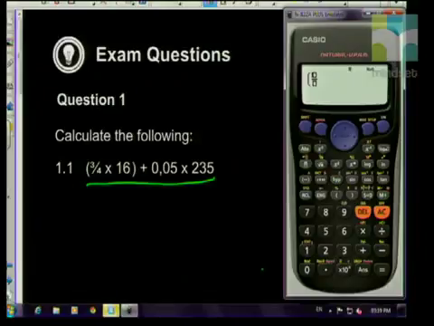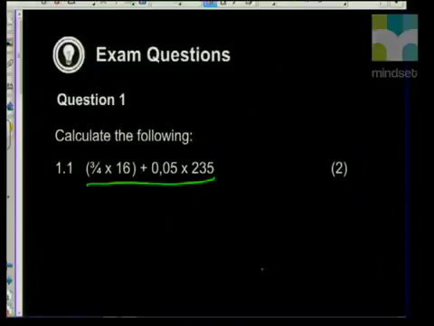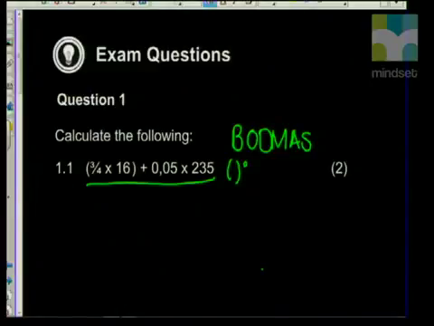What I want to focus on is that if you didn't have a scientific calculator, how would I then go about doing this? And this is where we need to remember our friend BODMAS. B stands for brackets. This one stands for order, which is basically your power, if it was to the power of 2 or something else. This one would be divide, multiply, add, or subtract.